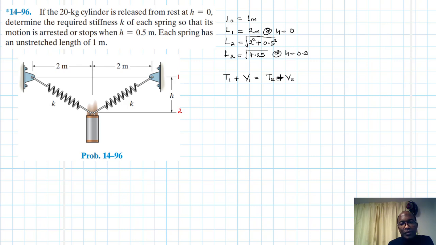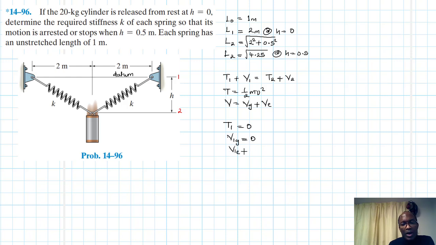Of course, this represents the kinetic energy and this represents the potential energy, gravitational and elastic. So T1, this is released from rest, therefore this is equal to 0. V1G, if this is our datum, we are going to choose this as our datum, so this is 0.